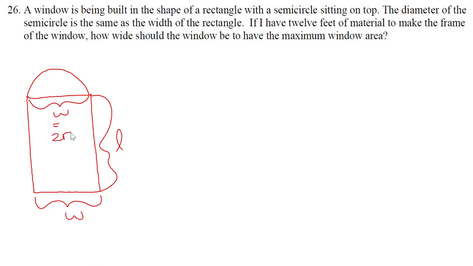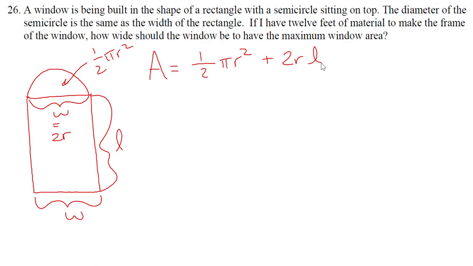So our width is 2 times the radius. And this is going to be kind of useful for us because we're trying to maximize the area. Well, the area should be 1/2 pi r squared plus the length times the width, or 2r times L.